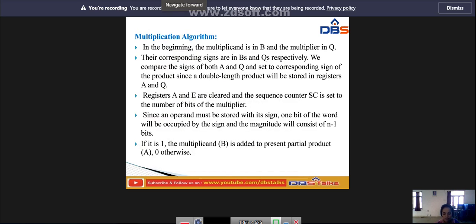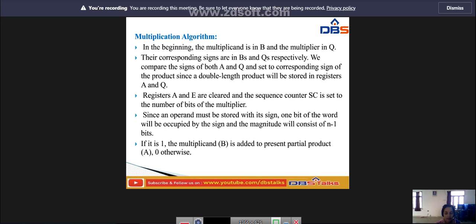Next, coming to multiplication. What is meant by the multiplication algorithm? In this multiplication algorithm, in the beginning the multiplicand is in B and the multiplier is in Q. Their corresponding signs are B's and Q's respectively.